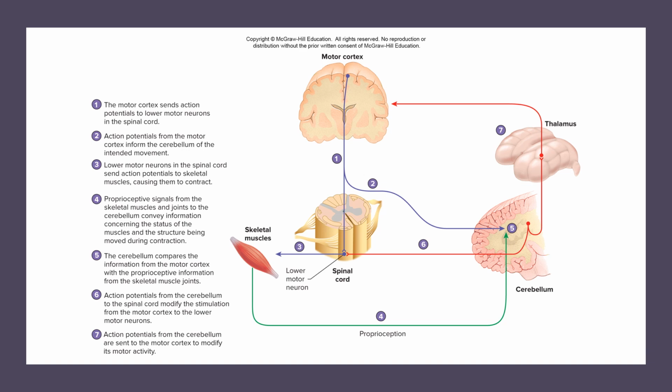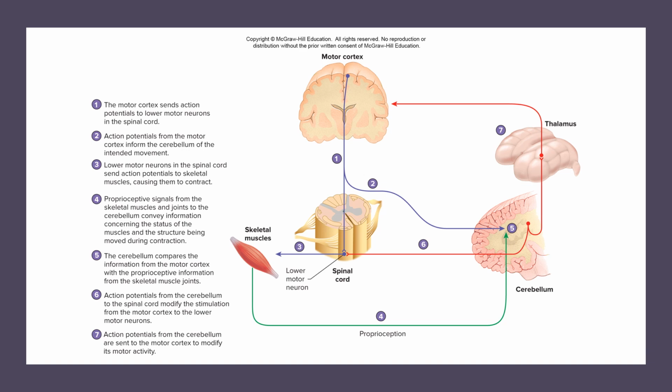Number 3, the lower motor neurons in the spinal cord send action potentials to the skeletal muscles, causing them to contract, at the level of your spinal cord already. And then number 4, proprioceptive signals from the skeletal muscles and joints to the cerebellum convey information concerning the status of the muscles and structures being moved during contraction.